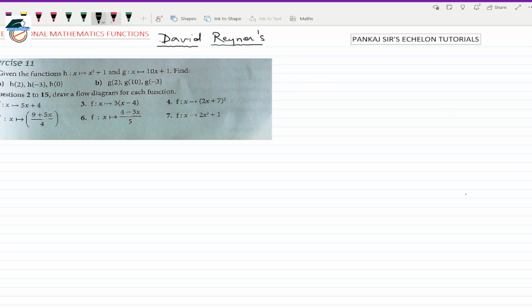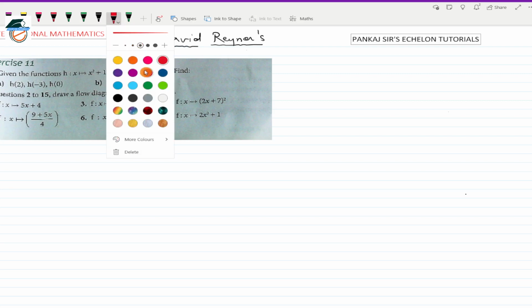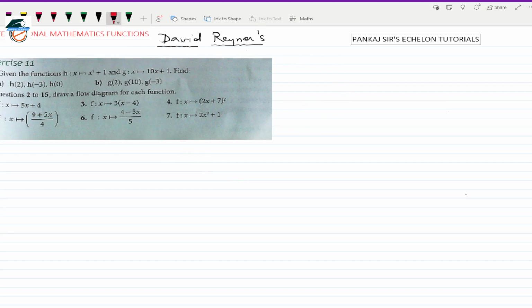So very first question. The very first question is this one. Given the function h, the domain is x. So given the function h such that h of x is equal to x square plus 1, let me write down this first.